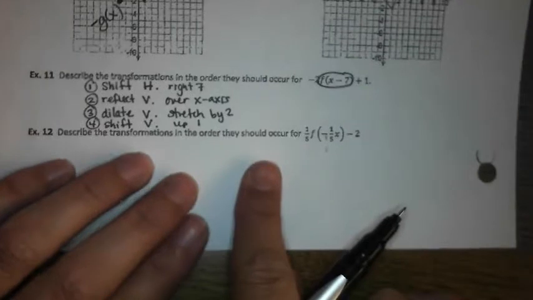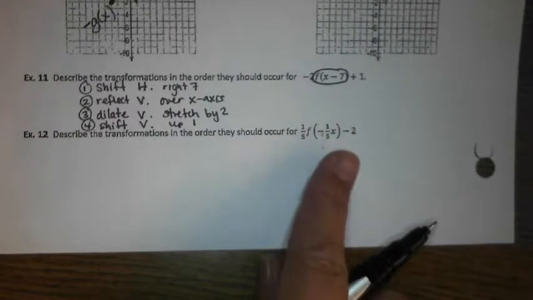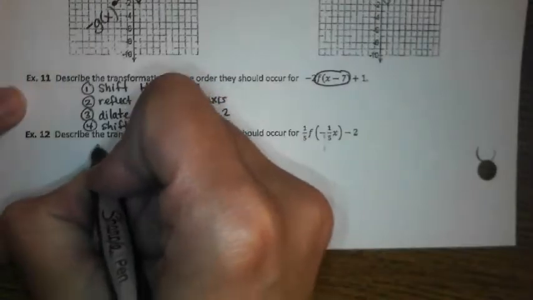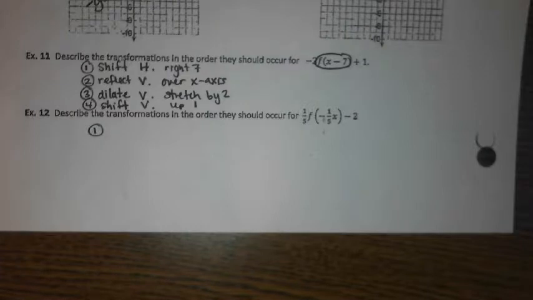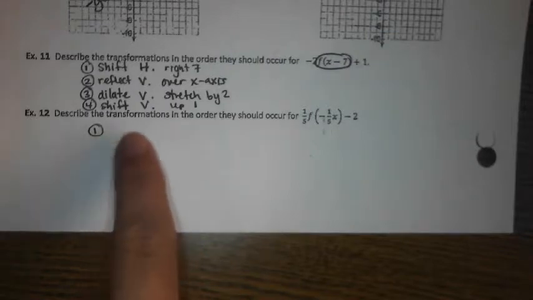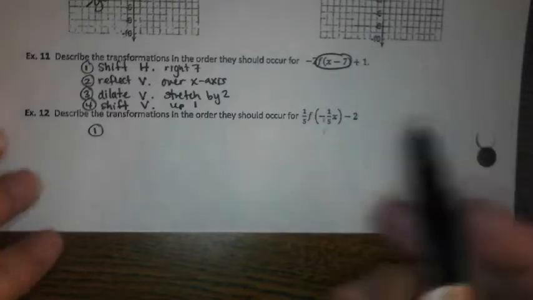Exercise 12. Last one here. If you were describing, without me, what would you say comes first? Other Kaylee, not Kaylee Smith. What's your last name? McCadden. What would you describe first as your first transformation? Okay, so what would you write? A horizontal, what?